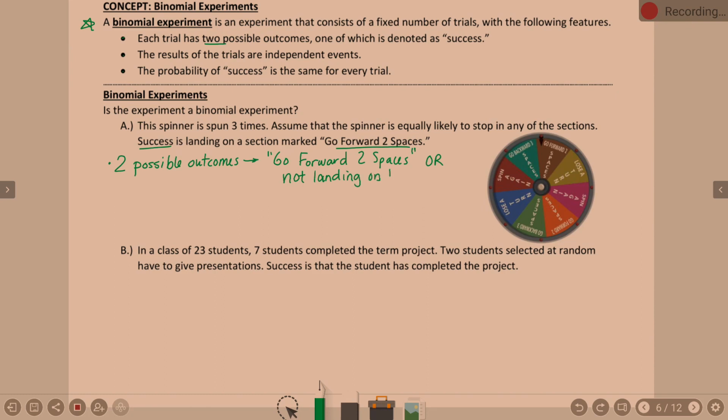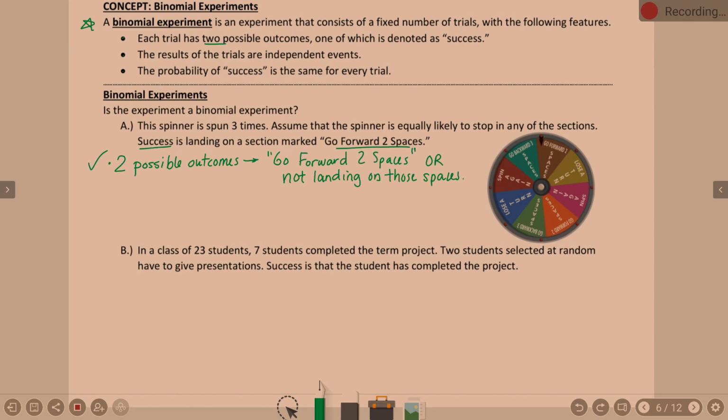So we can lump it into 2 options: landing on what they were looking for, go forward 2 spaces, or landing on something else, whether there's 1 something else or 5 something elses. So we can consider this as 2 possible outcomes. We can check that box, so to speak.